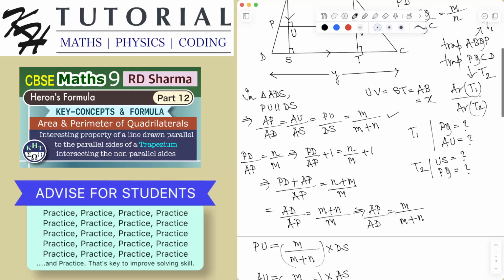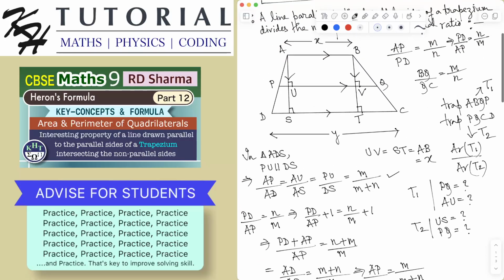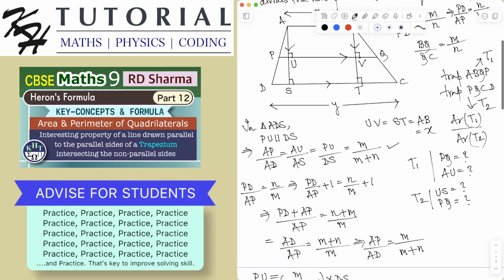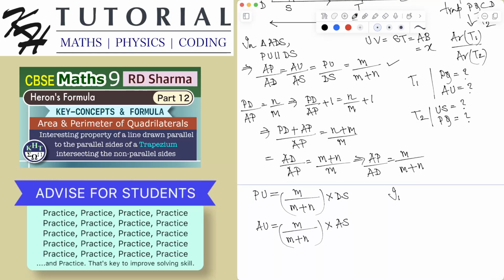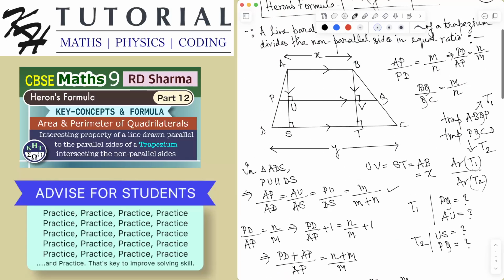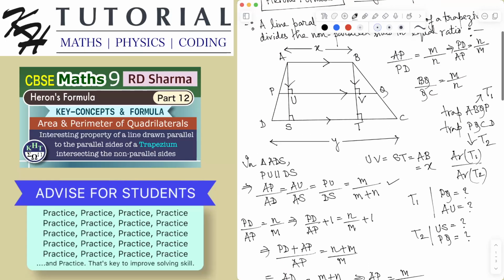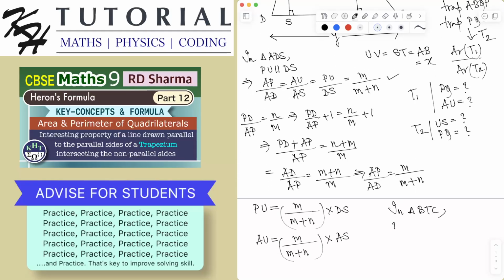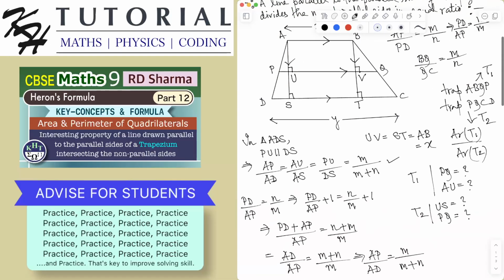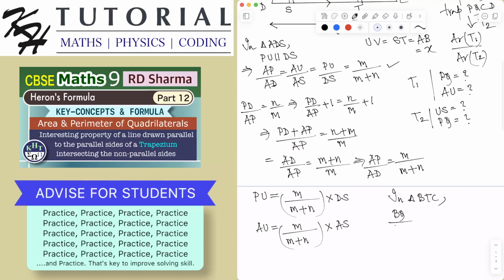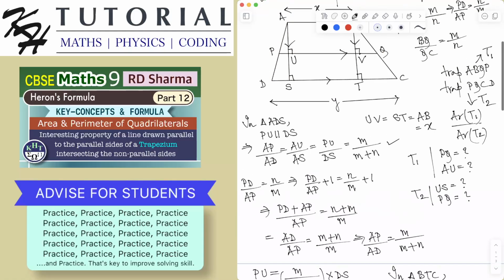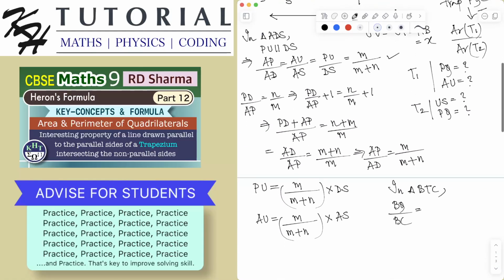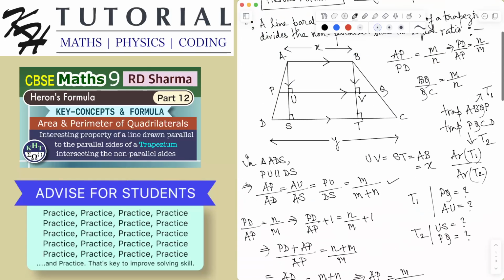Now similarly, considering the triangle BTC, in triangle BTC we will have BQ by BC equal to VQ by TC, which is equal to BV by BT.